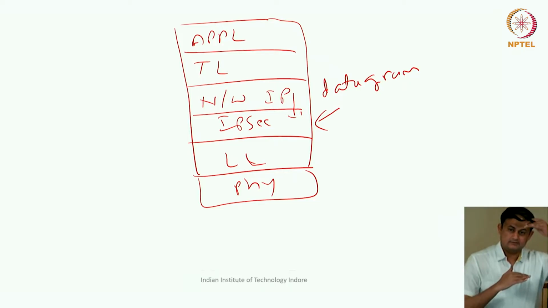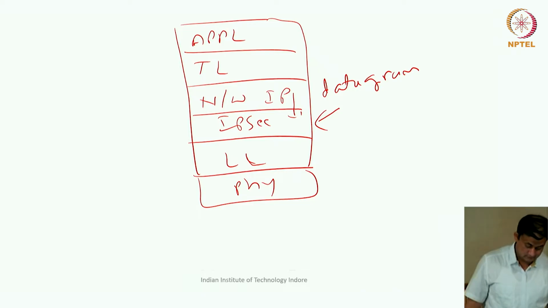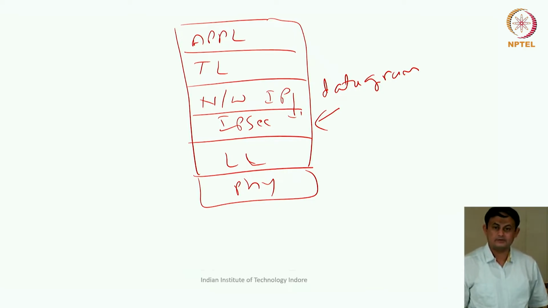That is where it's sitting in between the IP layer and the link layer. Your original IP header is still there, and then there are some slight modifications done to the datagram depending upon what kind of service you want. You will see what kind of services IP security actually offers in a minute.